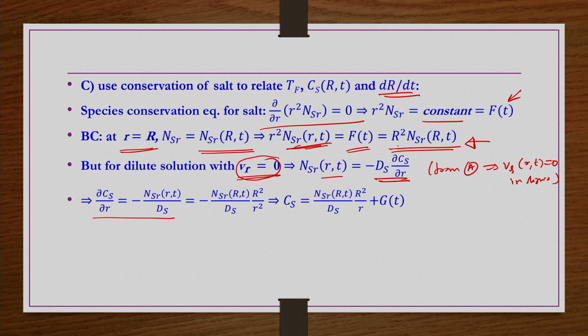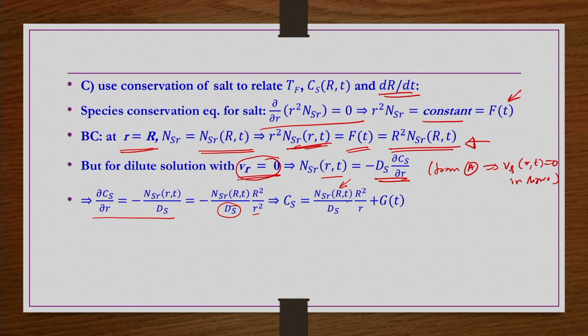NSR at r comma t, from this equation we can write NSR at capital R comma t multiplied by capital R square by small r square, and divided by Ds as it is. NSR at capital R comma t is a constant; it is changing in the radial direction, but at the interface it is constant.